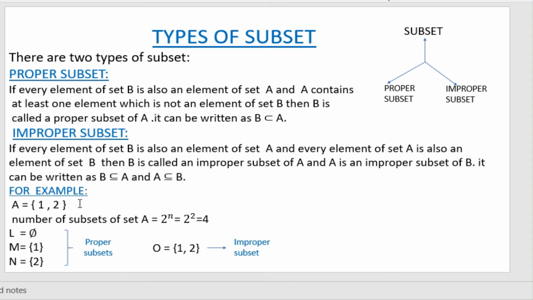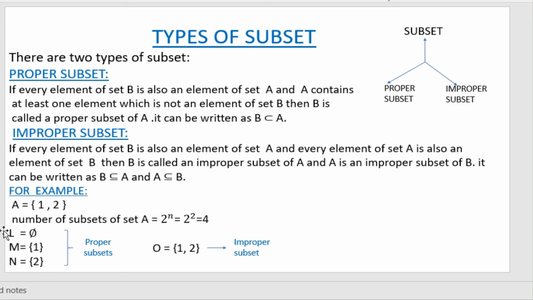Take an example. Suppose set A is equal to {1, 2}. The elements of set A are 1 and 2.